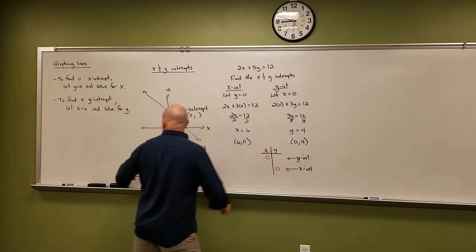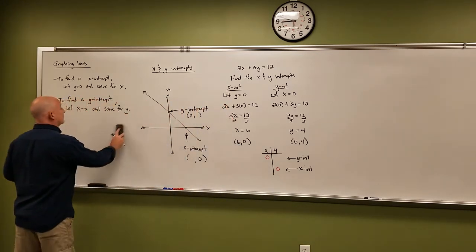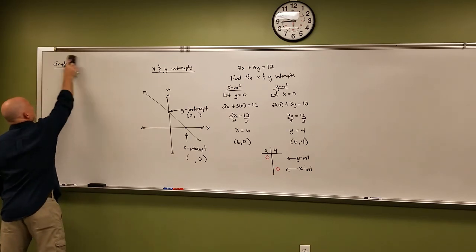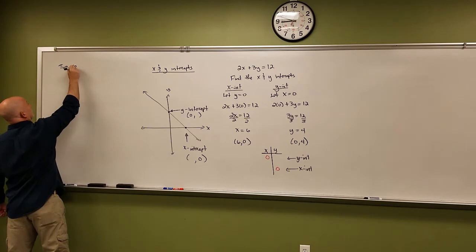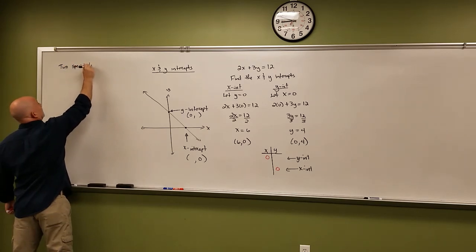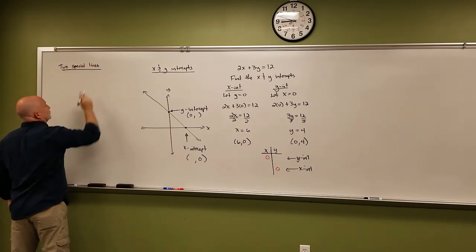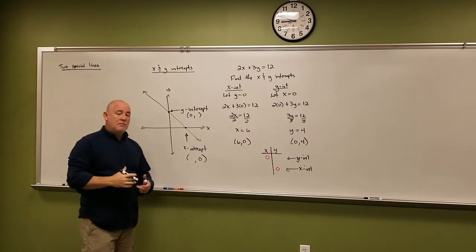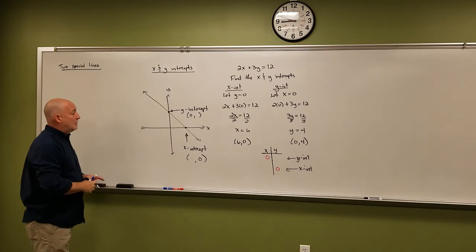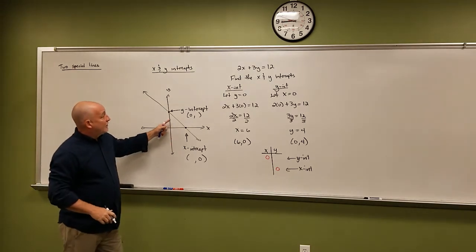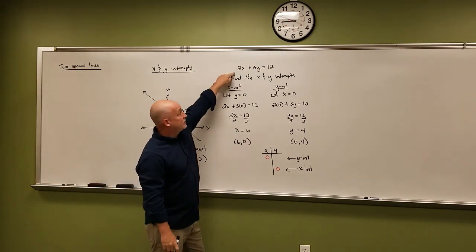All right, let's take a look at one more thing here. Let's get this out here. We're going to talk about 2 special lines. Now, what I mean by special here is they're just lines like any other line. But basically, any other line that we're talking about can be written in this form, and this is our standard form.